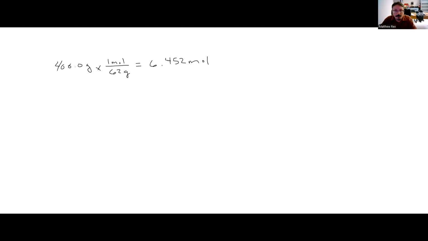And then we can put that over our mass of our solvent, water, in kilograms. We have 500 grams, so that is 0.5 kilograms. So we have a 12.90 molal solution of ethylene glycol.